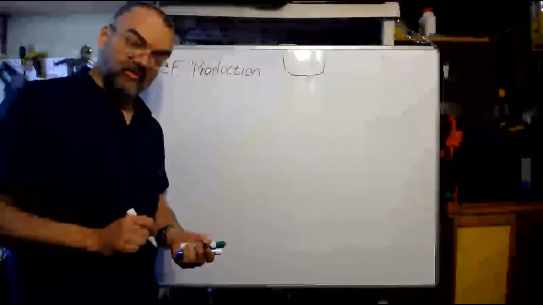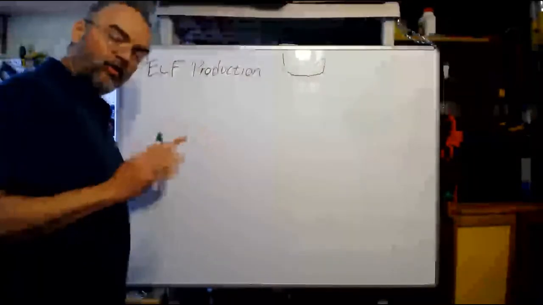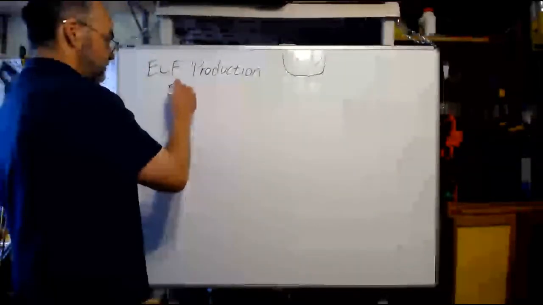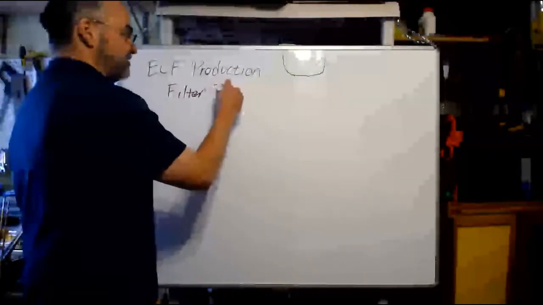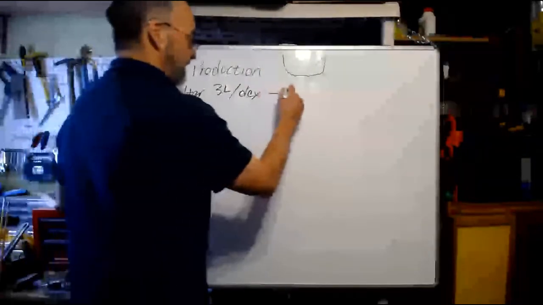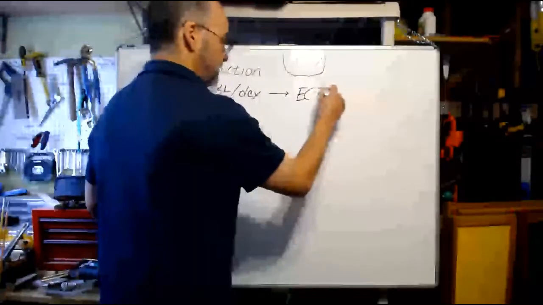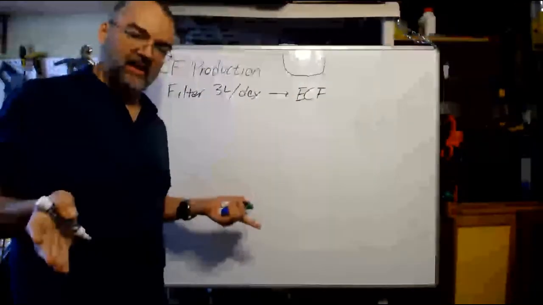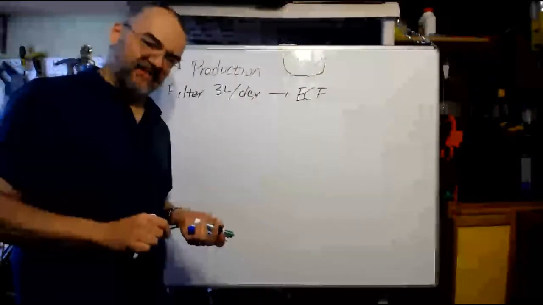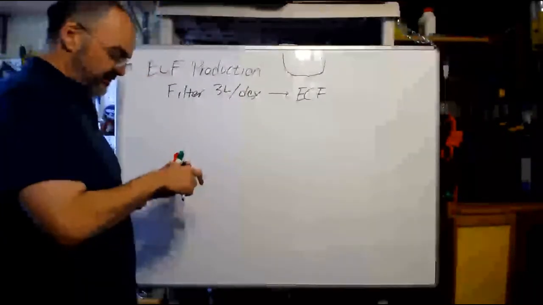Okay, so the question we were asking is, if I overall filter about 3 liters a day, and that becomes extracellular fluid, why don't my tissues swell up and my blood become a thick, sludgy mess? The main reason for that is this.